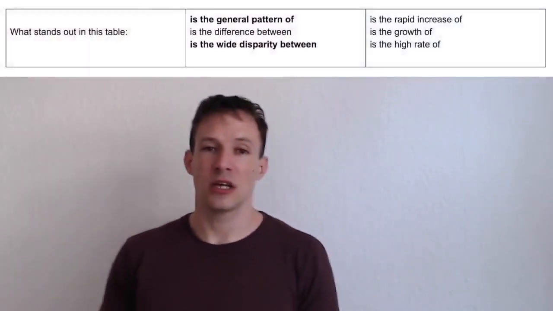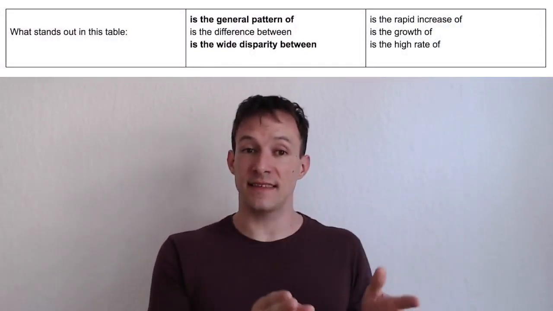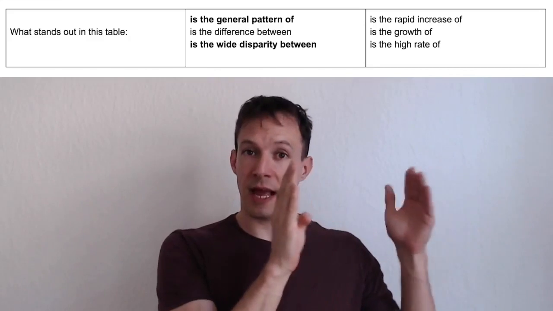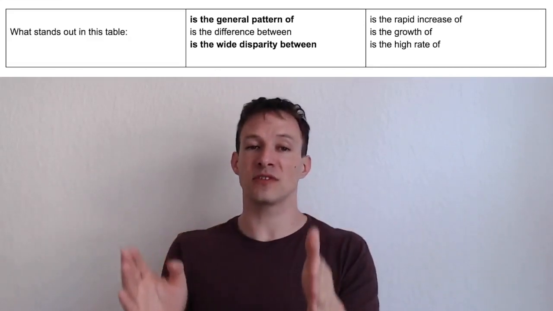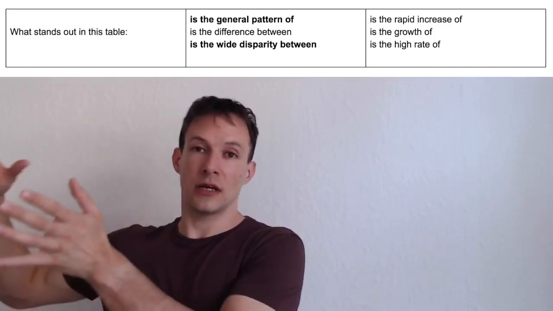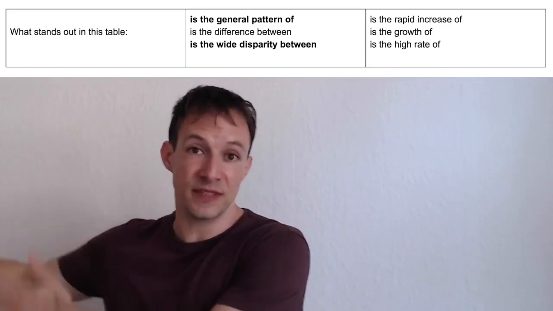Next one, and then I'll ask for that small favor from you. So, what stands out in this table, these ones are quite useful now. What stands out in this table is, and then we're going to say, the general pattern of slowly decreasing figures, okay?